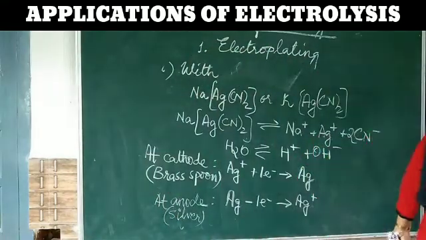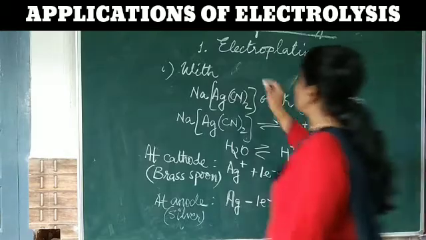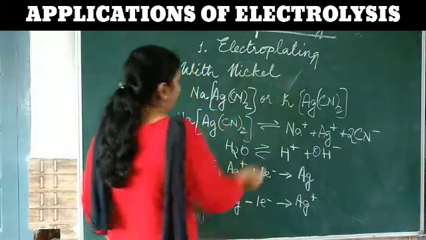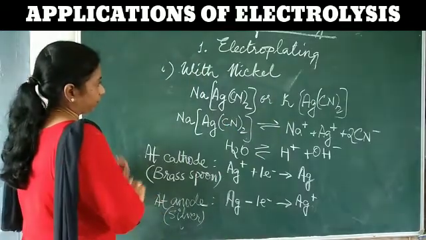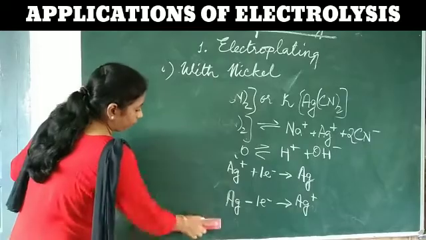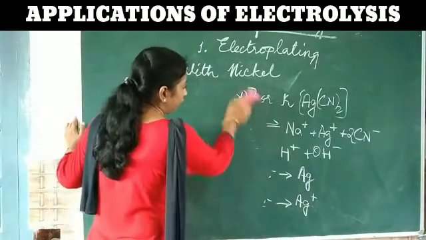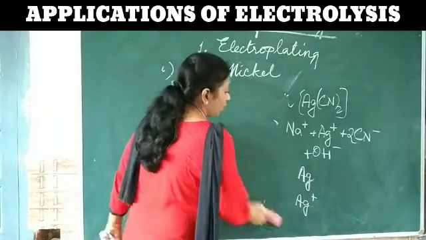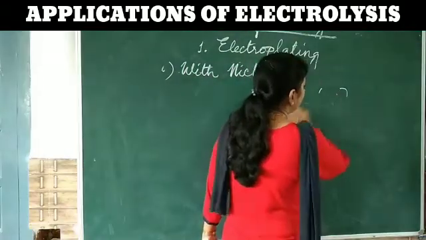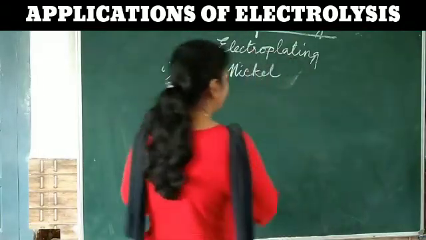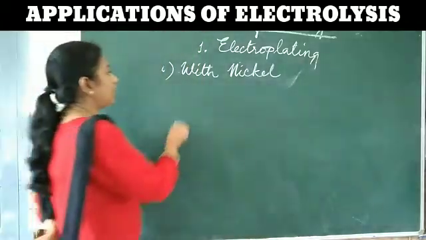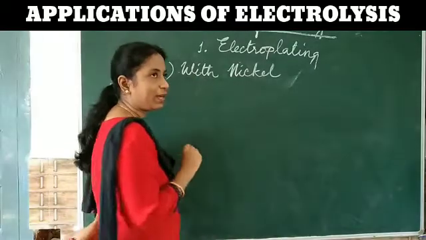The next one in your syllabus is nickel. So when we use nickel, what will happen? Suppose I have to electroplate an iron bell with nickel. If iron bell is given in the question, which electrolyte will I take?